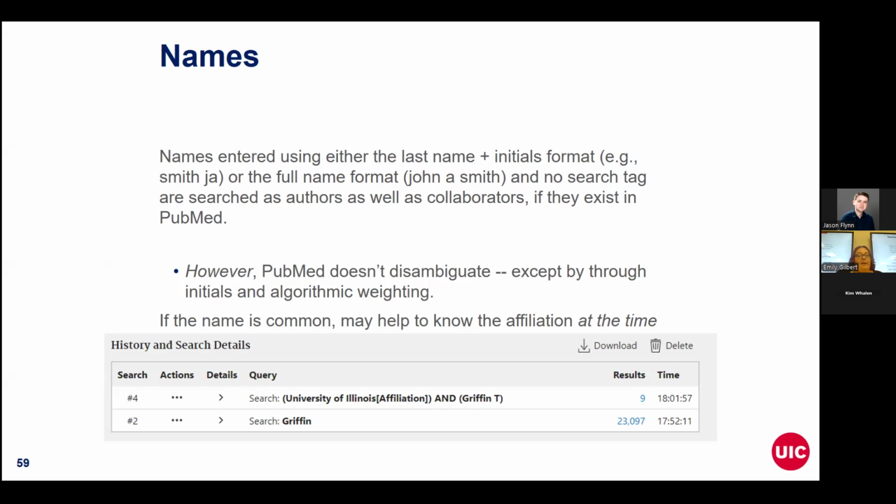So if the name is common, it can be helpful to know where that person was affiliated at the time they wrote whatever you're looking for. So when we looked for Griffin here, we got 23,000 different articles written by somebody Griffin. But if we specifically search for Griffin T, my colleague Tina, and University of Illinois, that brings up 9 articles that she's been on.